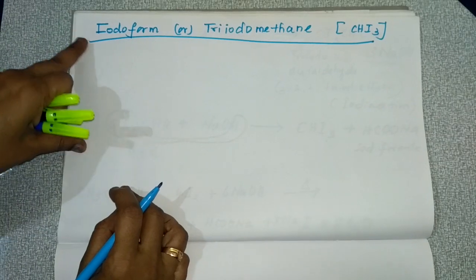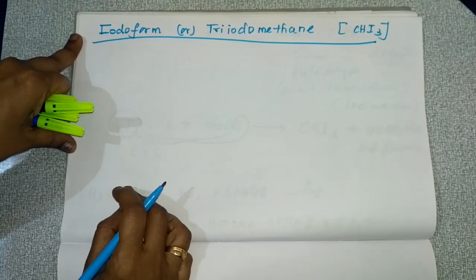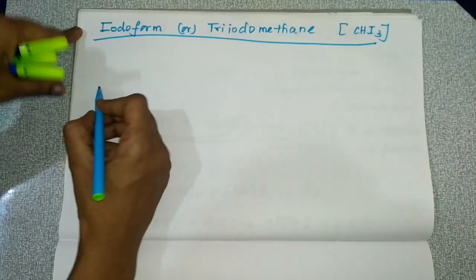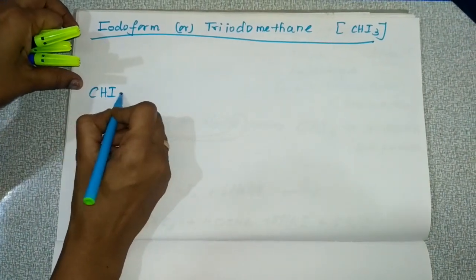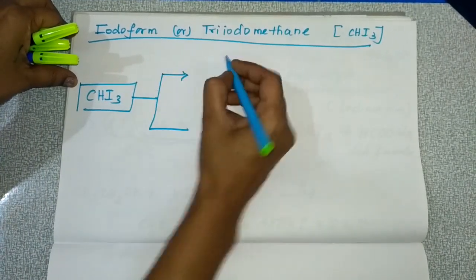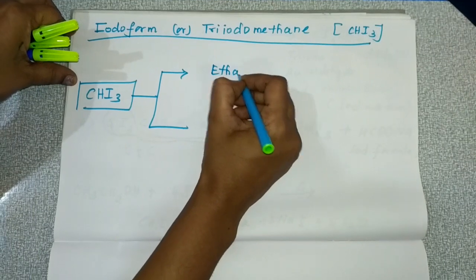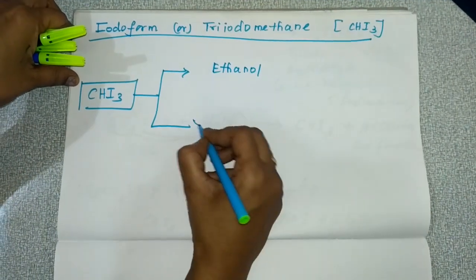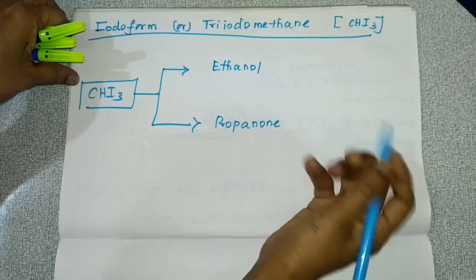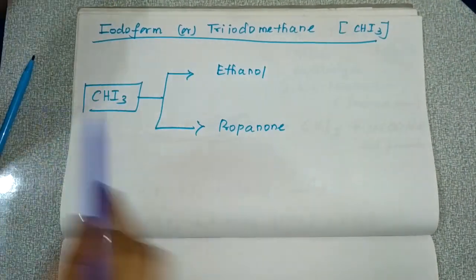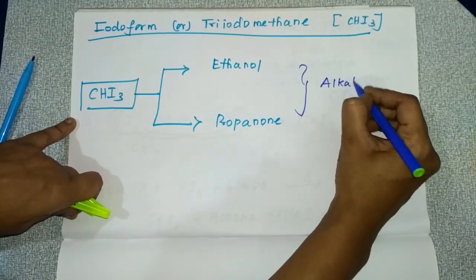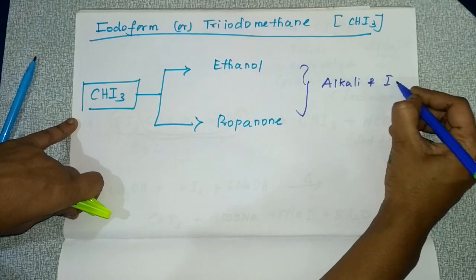This iodoform can be prepared from ethanol and propanone in the presence of alkali and iodine. So I'll write this general form. Iodoform can be prepared from ethanol and from propanone in the presence of alkali and iodine.